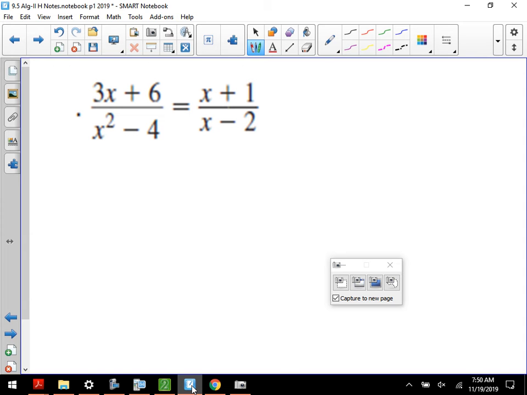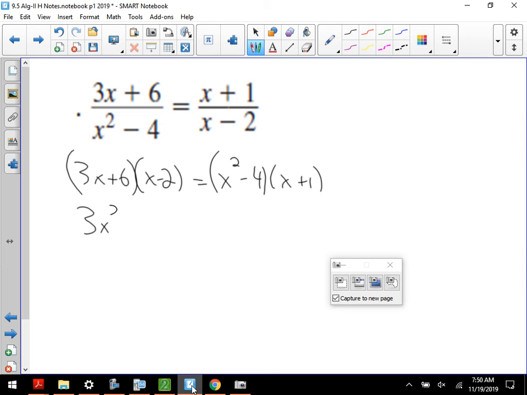When you cross multiply this out, you have 3x plus 6. Okay, big deal. You still FOIL everything like you would normally. You have a third degree polynomial, which is no big deal. You just have to factor, which we've all done numerous times.